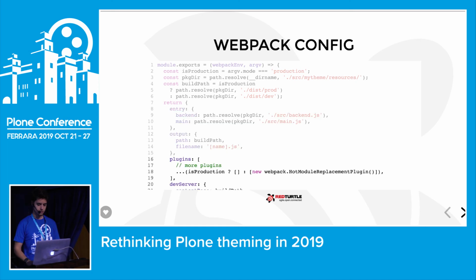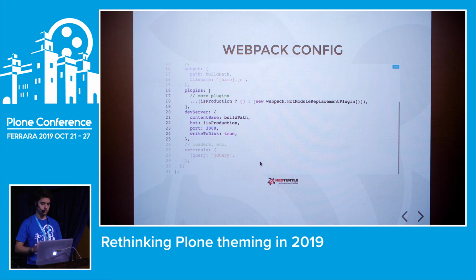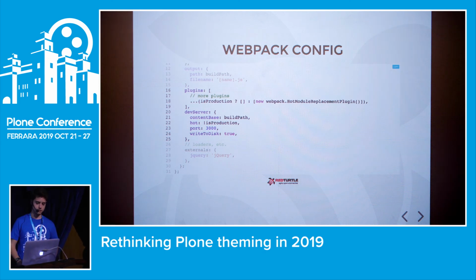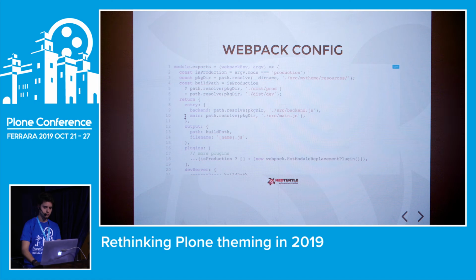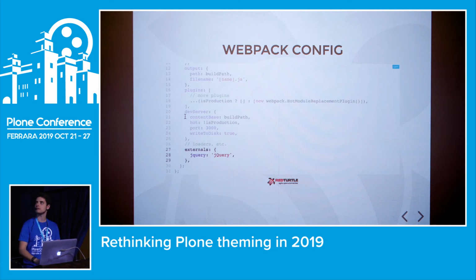And knowing if you are in production mode, we can add the hot module plugin. Let me scroll that. And we have external jQuery, as in the old Gruntfile we use in all Plone themes.